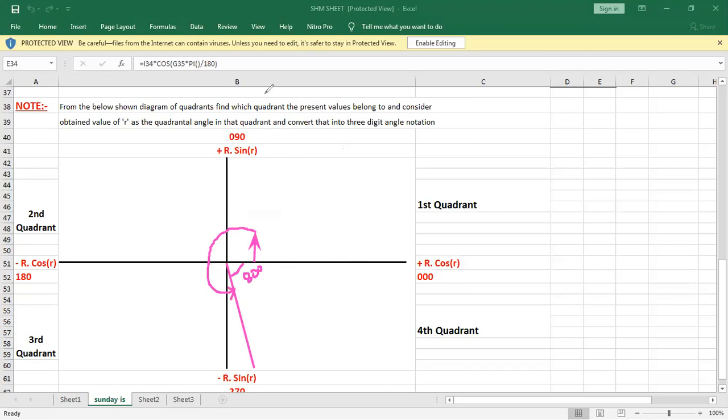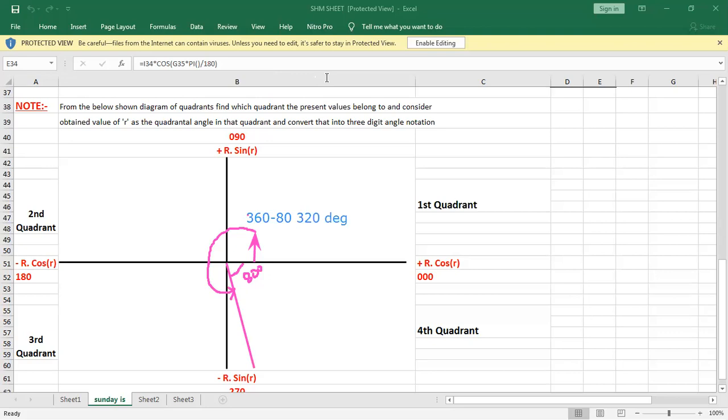So here it is 360 minus 80, that is 320 degrees. That is our angle r. Okay.